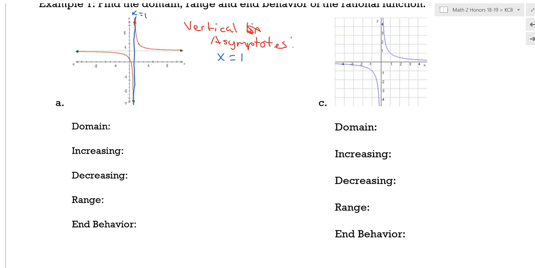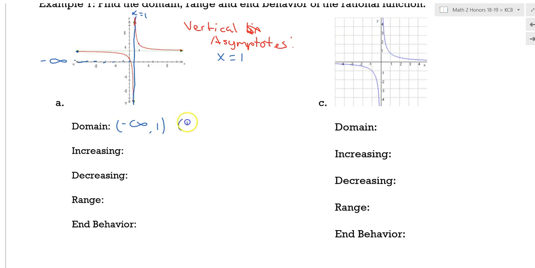So when I'm looking at my domain, it's my possible x values. As I go through my x-axis, right, negative infinity is over here. And I'm going, and then all of a sudden I come to this, I like to call them fences. This is a fence that I cannot cross, so I have to stop. Okay, so my domain stops at 1 because there's a fence there.